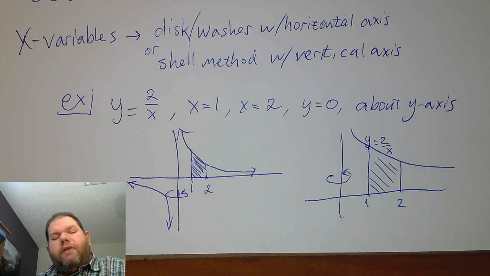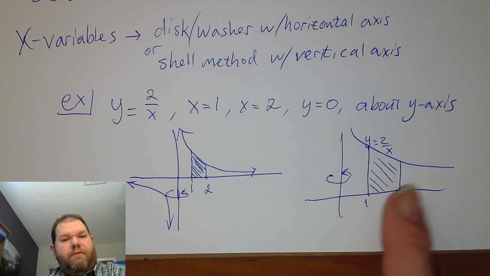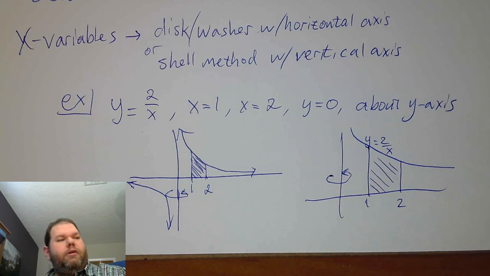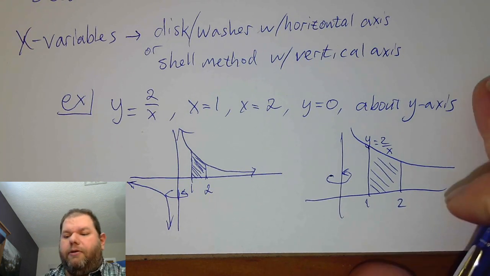But the idea is that we want to create a series of concentric cylinders. So that means the cylinders are all fitting inside each other. And they're kind of stacking up to create the volume that represents this object being rotated. So, to illustrate that a little bit further, let me go to the next page.